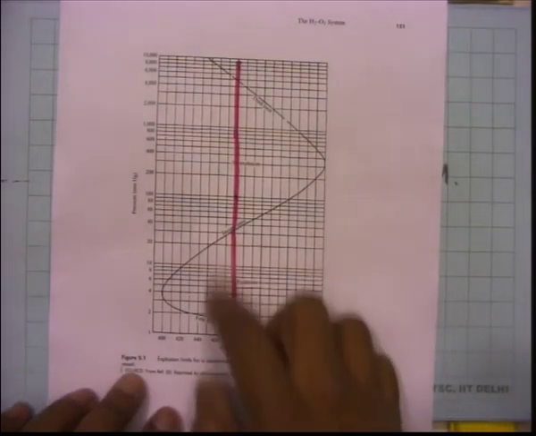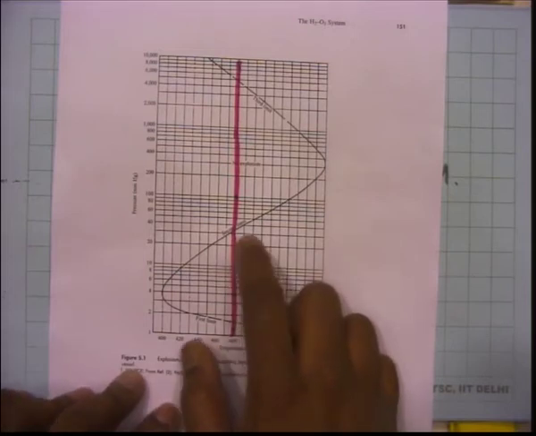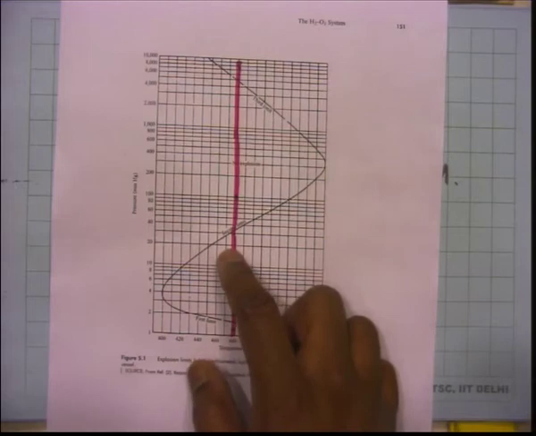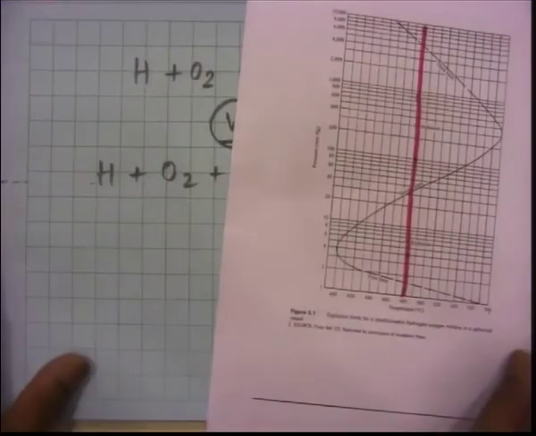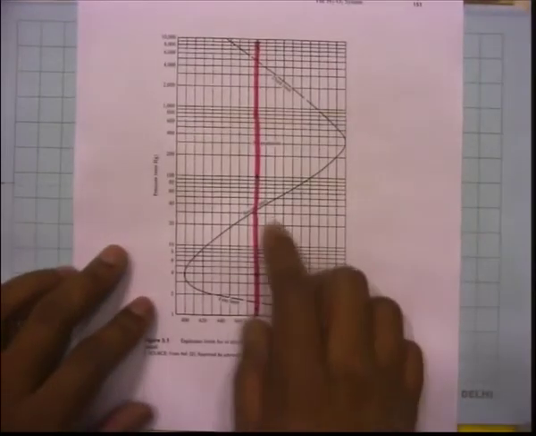So, in this regime H plus O2 giving you O plus OH, that branching reaction was very good. Okay. And its competitor is this one. Its competitor was not that good because the pressure was still low.